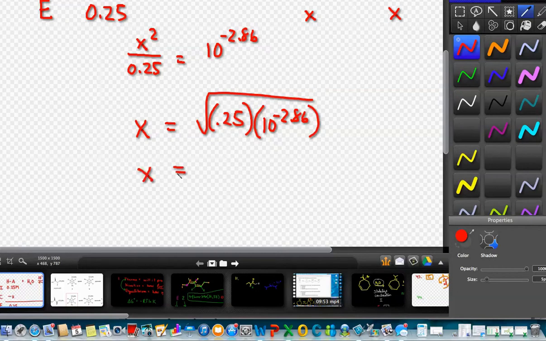And if we simplify this on calculator, we get 0.0186 molar. That's our concentration of hydronium.